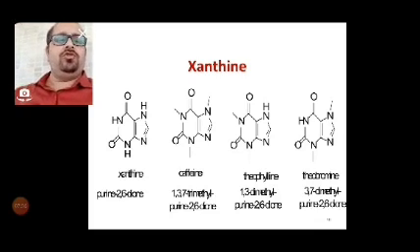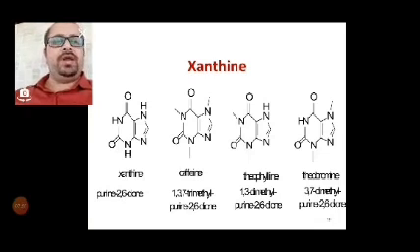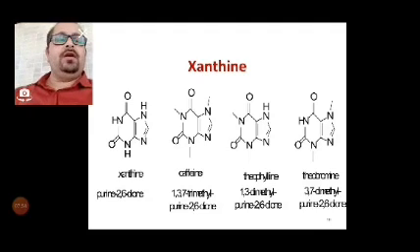Xanthine derivatives: if you look at your screen, xanthine is nothing but a purine 2,6-dione. 2,6-dione means at the 2 position and 6 position, a carbonyl, that is a dione functional group, is present. That's why xanthines are the purine 2,6-dione class. If you look at the structure of caffeine, the first derivative of xanthine, caffeine has 1,3,7 trimethyl substitution.